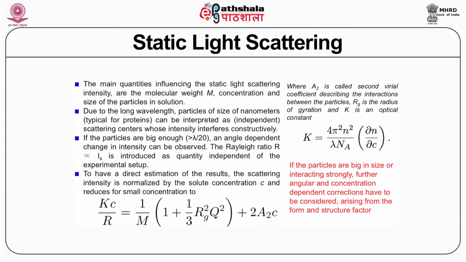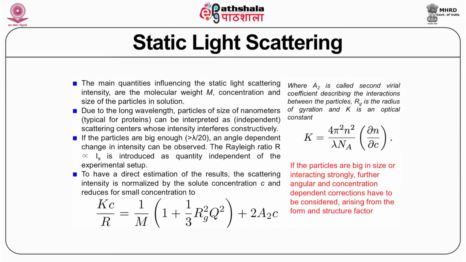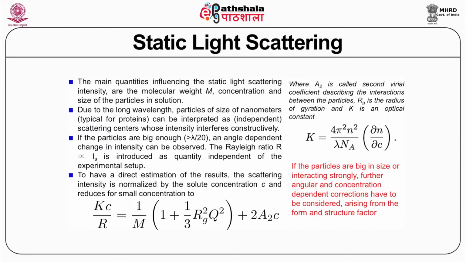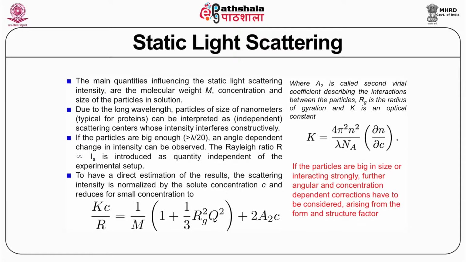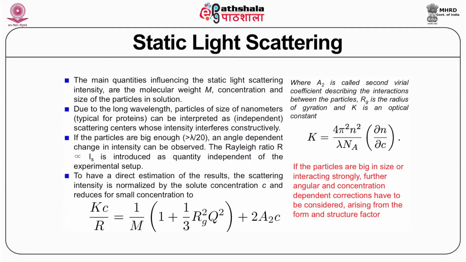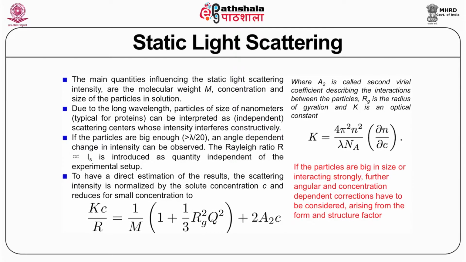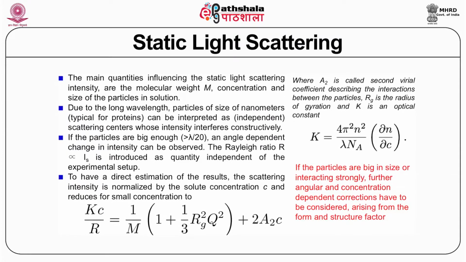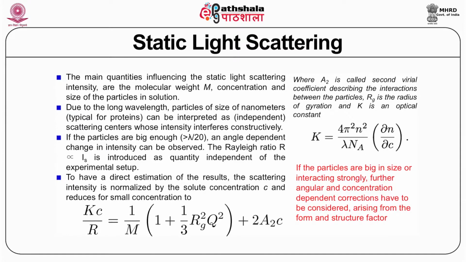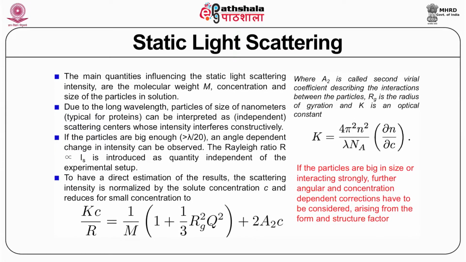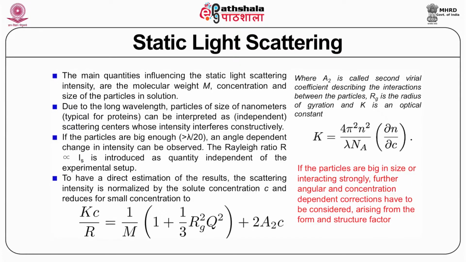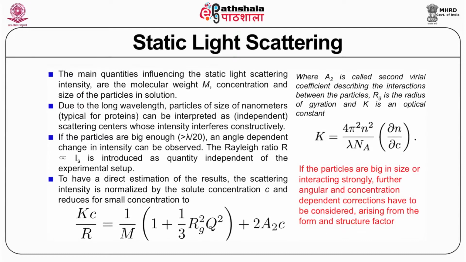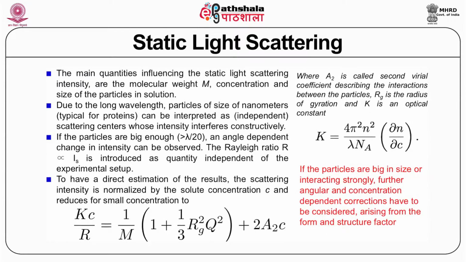The Rayleigh ratio R, which is proportional to the intensity of the scattered light, is introduced as a quantity independent of the experimental setup. To have a direct estimation of the results, the scattering intensity is normalized by the solution concentration C and reduced to small concentration by using the equation Kc/R = 1/M (1 + 1/3 Rg² q²) + A2c, where A2 is called the second virial coefficient, which describes the interaction between the particles.